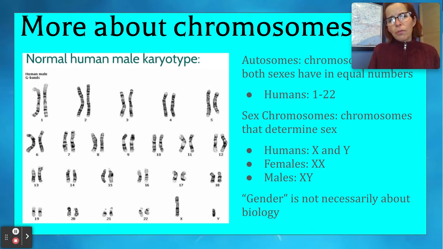But the sex chromosomes are super different because, at least in humans, and we'll talk about some variations, females get 2 copies of the X, and males only get 1 copy of the X and 1 copy of the Y. And so that's really important in the differences and how our sex is formed, but also how we inherit different genetic traits. So the autosomes are the same between male and female. So a male gets 2 copies of chromosome 1 and a female gets 2 copies of chromosome 1. So there's no difference between that.